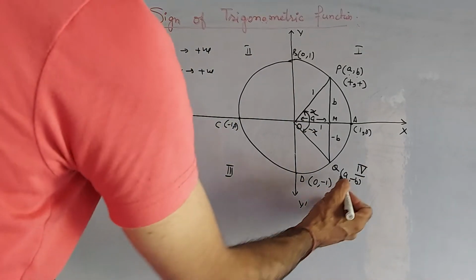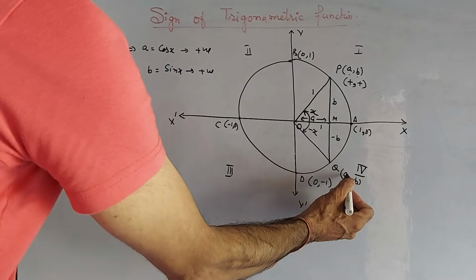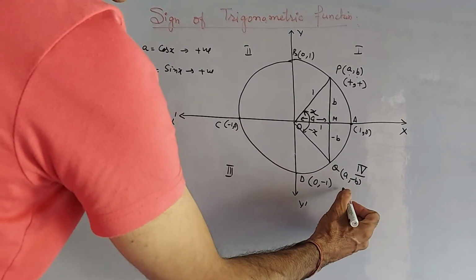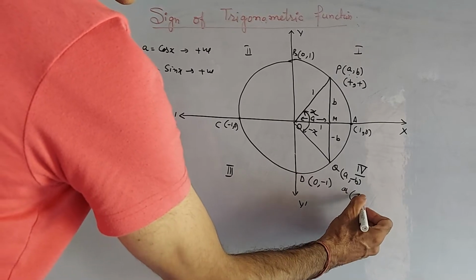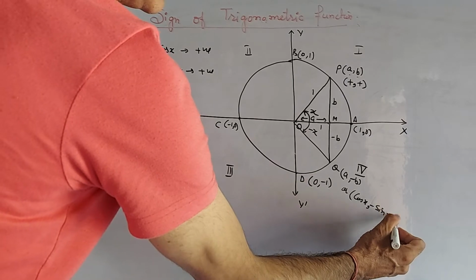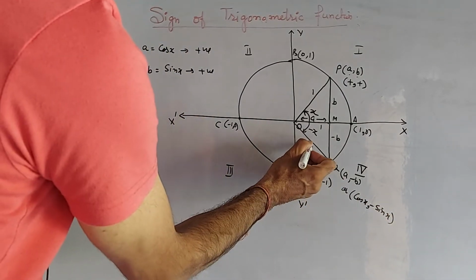So a is cos x, b is sin x, therefore the point becomes (cos x, -sin x), and this value is 1.